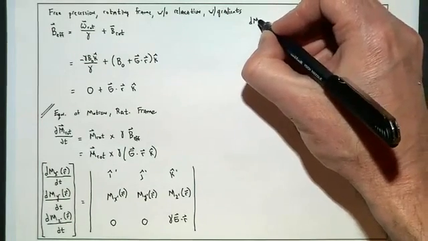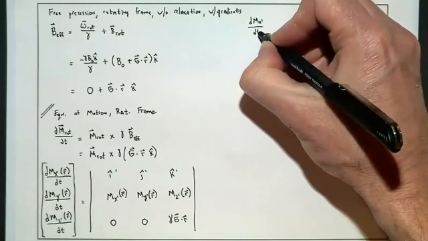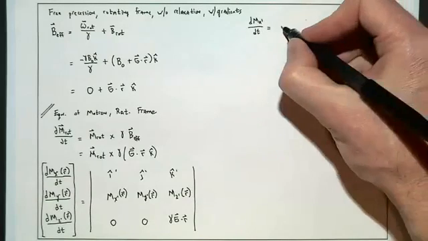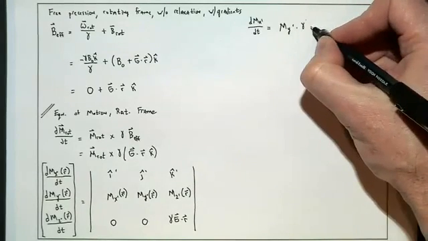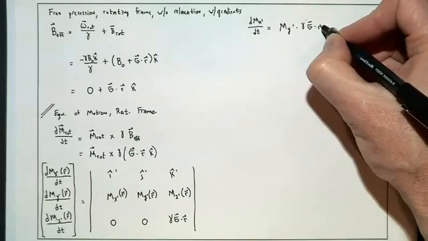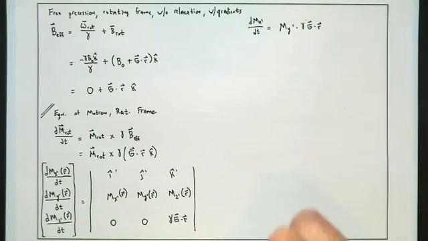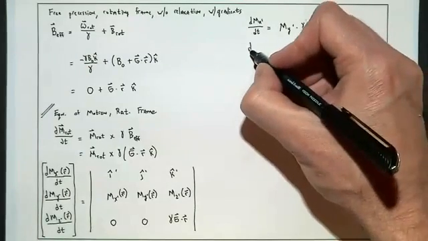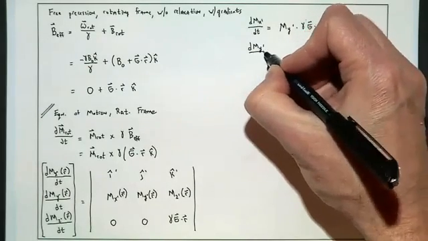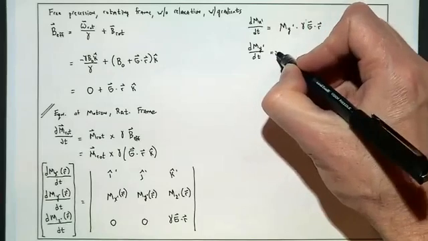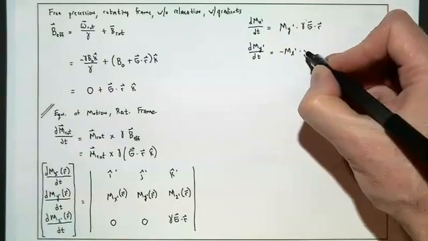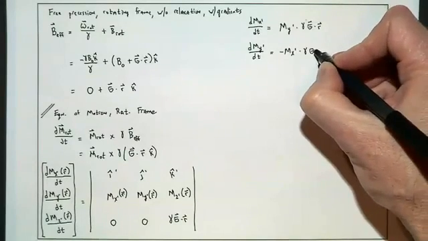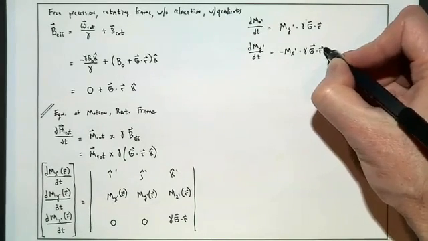So we have dmx prime dt. When we carry out the determinant operator, we get my prime times gamma G vector dotted with r vector. We can do the same thing for our y and z terms. We get dmy prime dt is equal to minus mx prime times gamma G vector dotted with r vector.